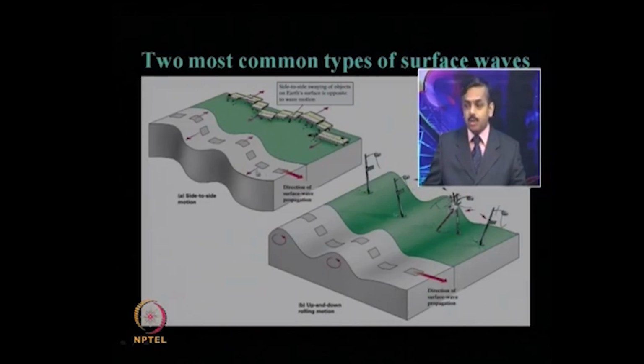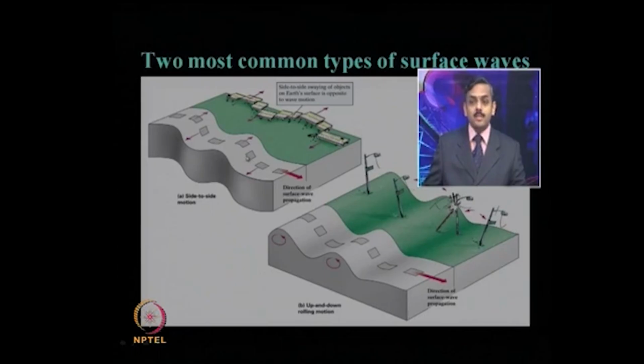In addition, if you look at various buildings, their side to side motion can be observed over here. It is written that the side to side swaying of the objects on earth's surface is opposite to the wave motion.